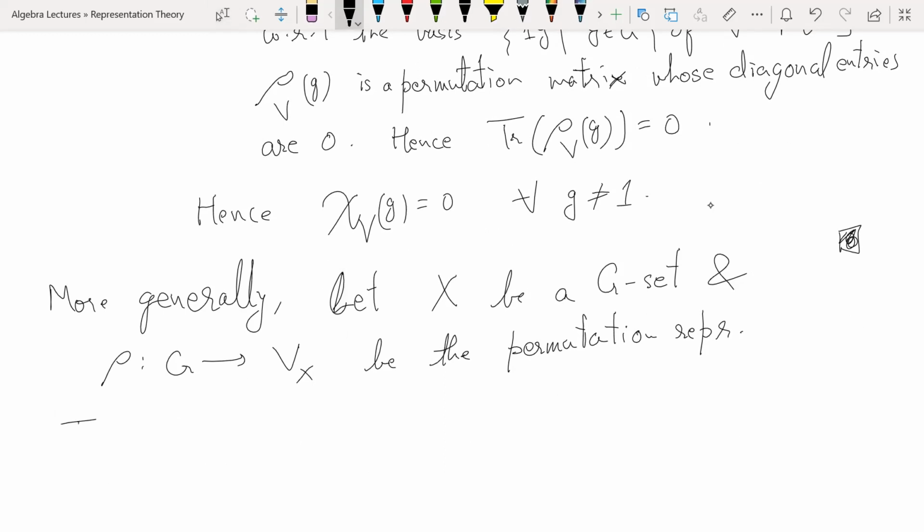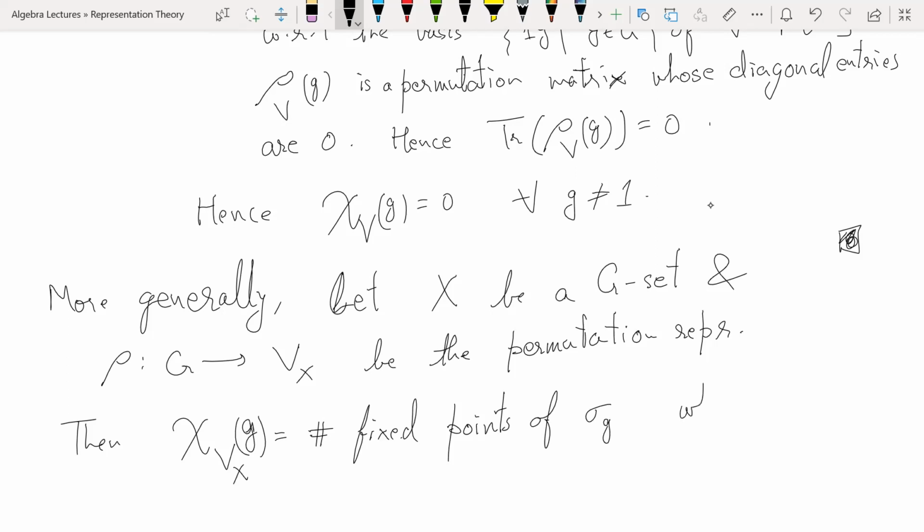Then chi of V_X at g is the number of fixed points of sigma g, where sigma g from X to X is given by x going to g dot x.